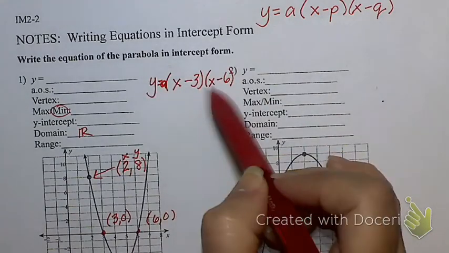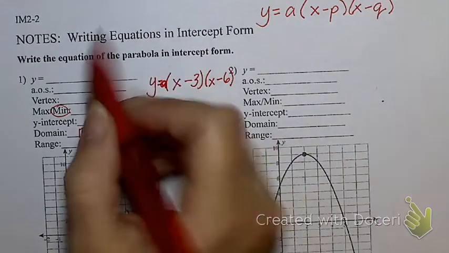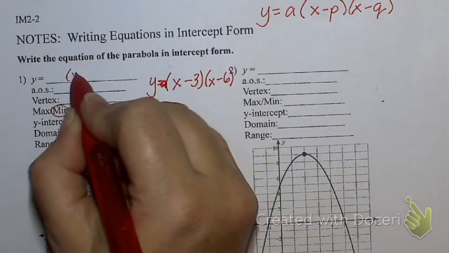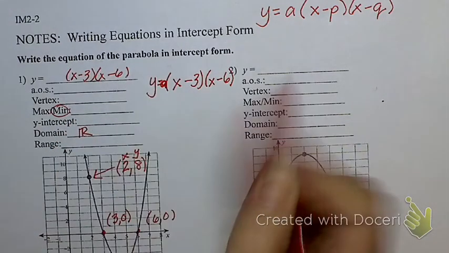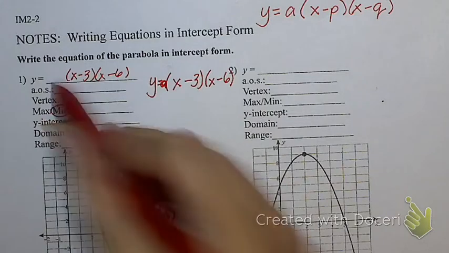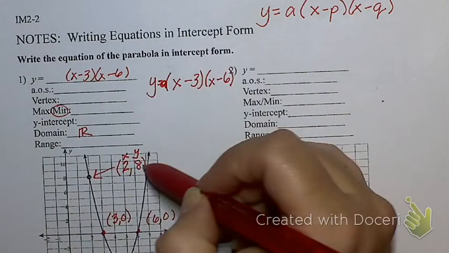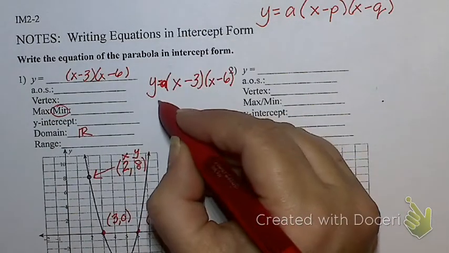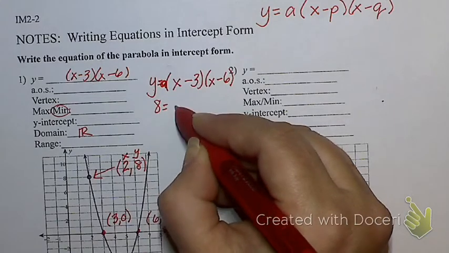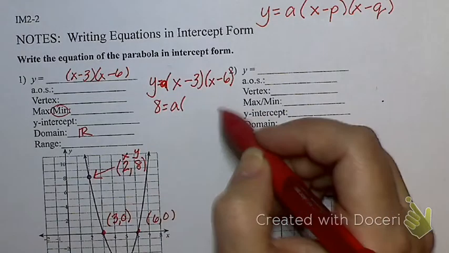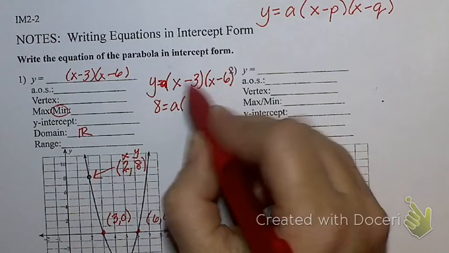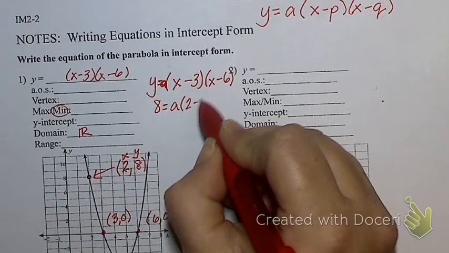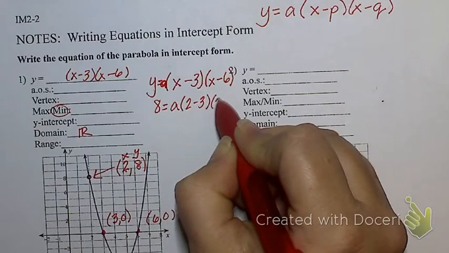So I'm going to take y equals a(x minus 3)(x minus 6) and solve for a, and then I'll just fill it in right here. I'm going to plug in 8 for y. I don't know a, but what am I going to plug in for x? 2. So 2 minus 3, and then 2 minus 6.